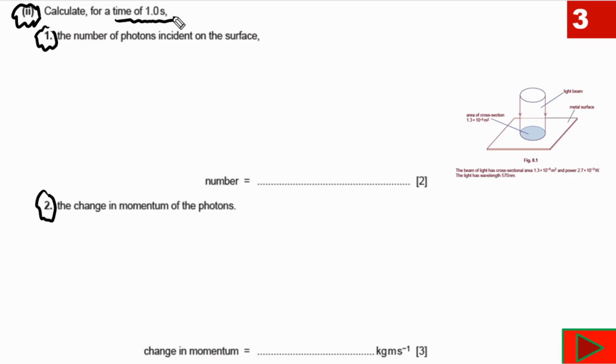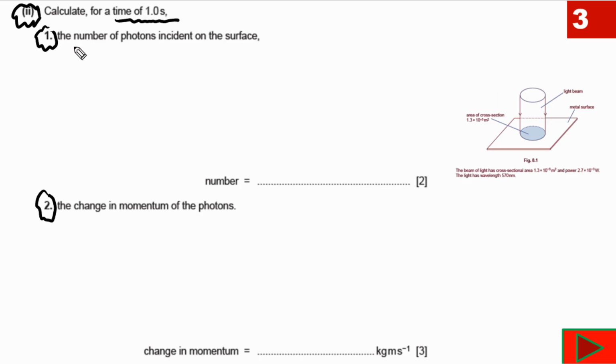We need to understand that the time given for part 1 and part 2 is the same, meaning all calculations for part B2 are based on t equal to 1.0 second. This is a very simple point, but most of the time it is overlooked by many students. So this is one thing we need to understand.